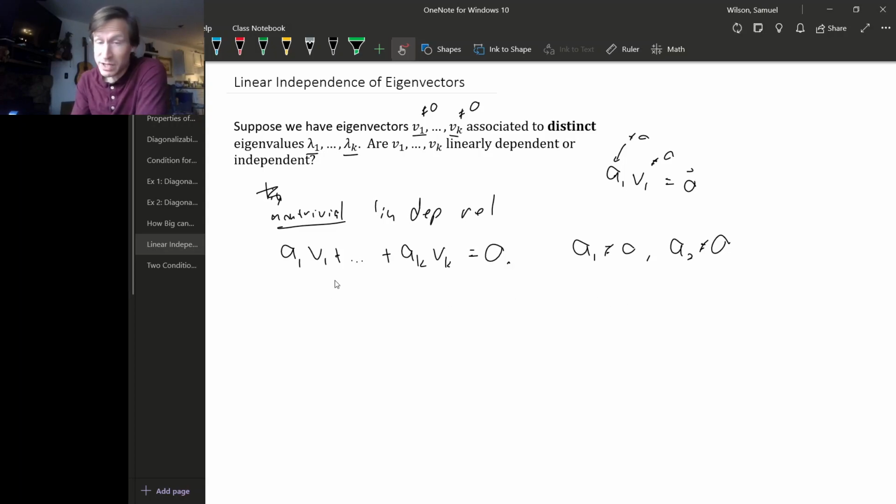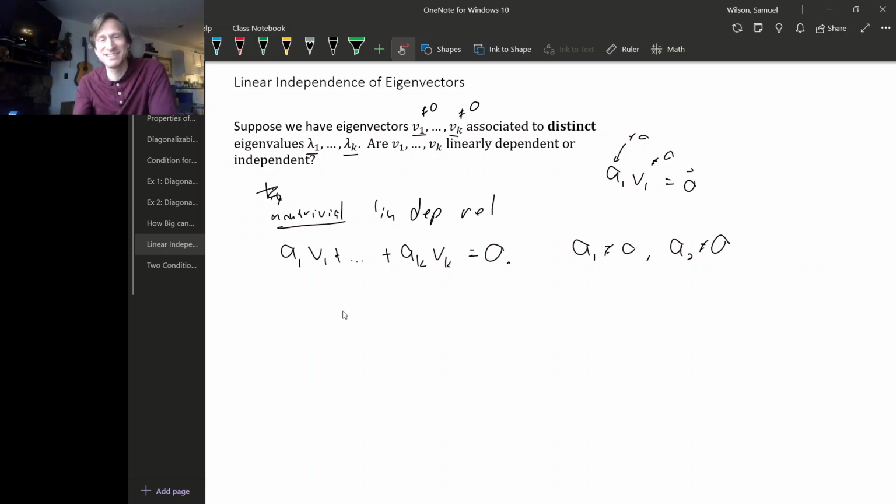Okay, what we can do now is, to prove anything about the linear dependence or independence of these vectors, we are going to have to use the fact that they're eigenvectors.